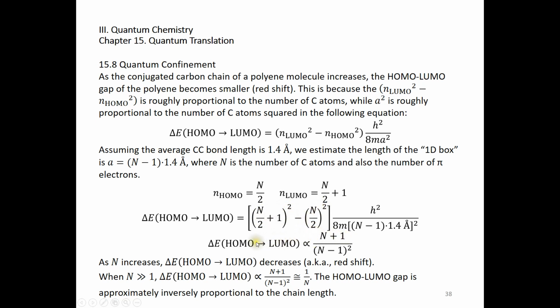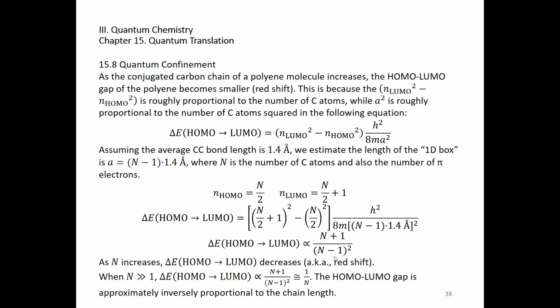And therefore, the HOMO-LUMO gap is proportional to n plus 1 over n-1 squared. As n increases, both the numerator and denominator increase, but the denominator increases faster, and we have a smaller energy gap when we have more carbon atoms.